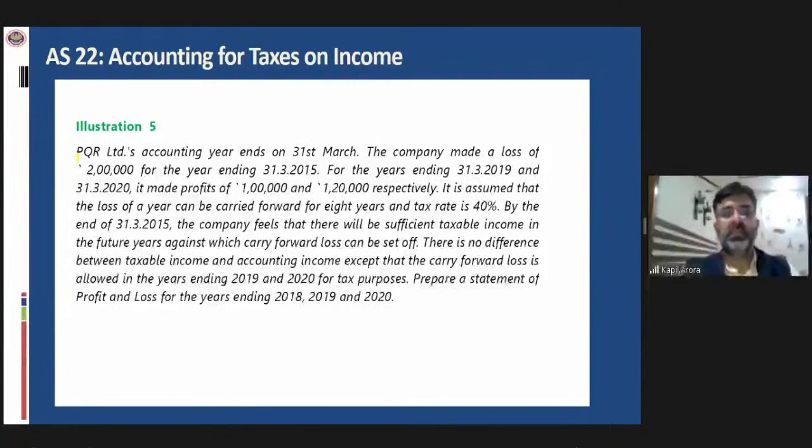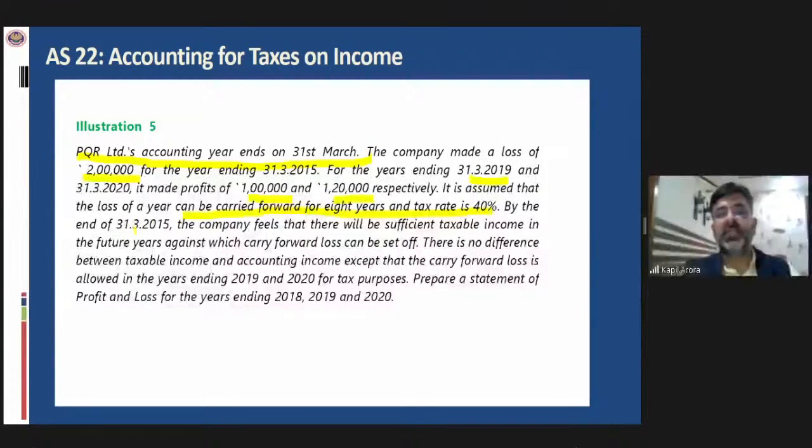PQR Limited's accounting year ends 31st March. The company made a loss of 2 lakh. Now, if the company made a loss of 2 lakh for the year ended 31st March 2015, for the years ending 31st March 2019 and 20, it made profit of 1 lakh and 1,20,000 respectively. It is assumed that the loss of the year can be carried forward for 8 years and tax rate is 40%.